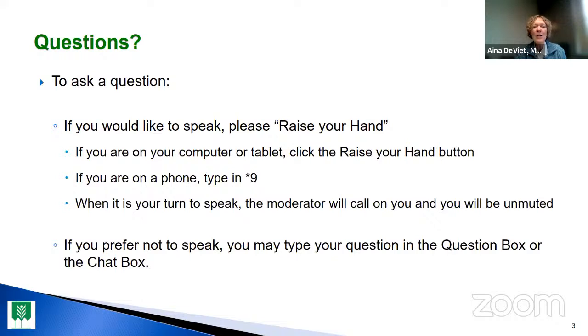When it's your turn to speak, the moderator will call on you and you'll be unmuted. If you prefer not to speak, you can type your question into the question box or the chat box. If I don't see your hand go up or the question box or chat box number change, my moderator will help me get organized and get to you as soon as possible.